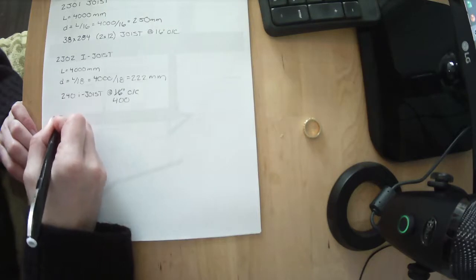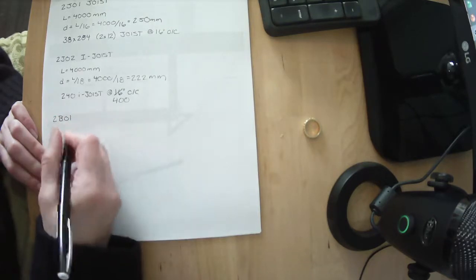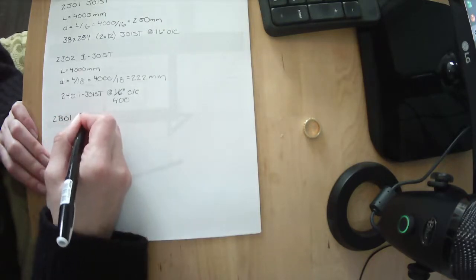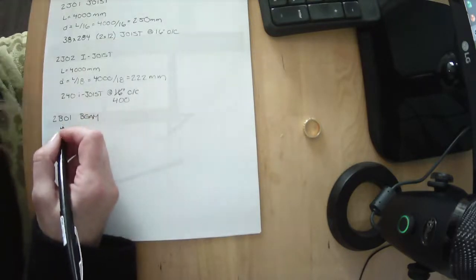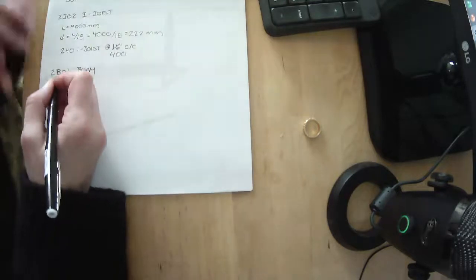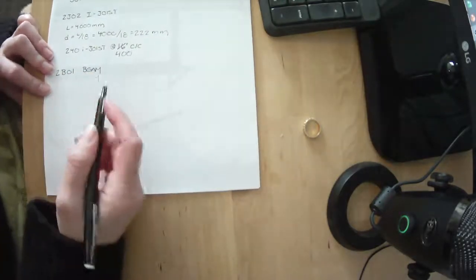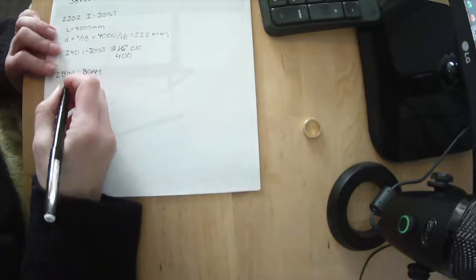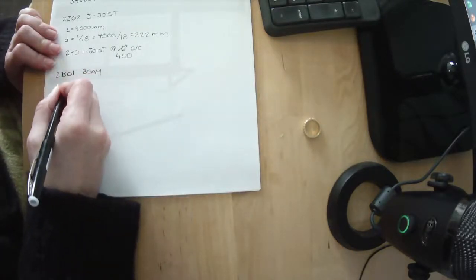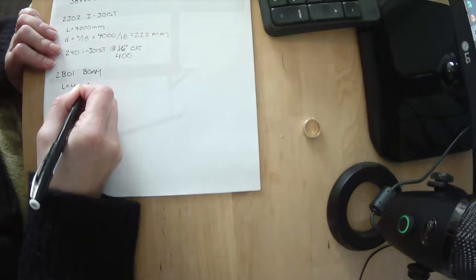So 2B01, beam, or a lumber beam. All right, so we know it needs to be multiple plies. Right away, we know it needs to be multiple plies. Our length is 4 meters.